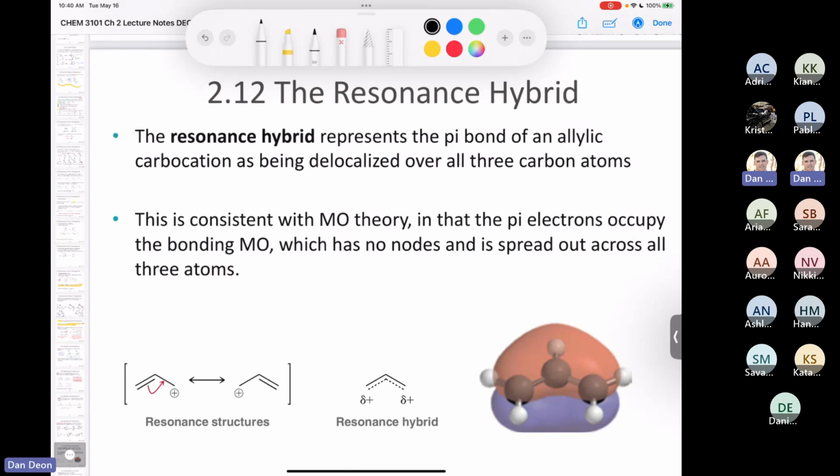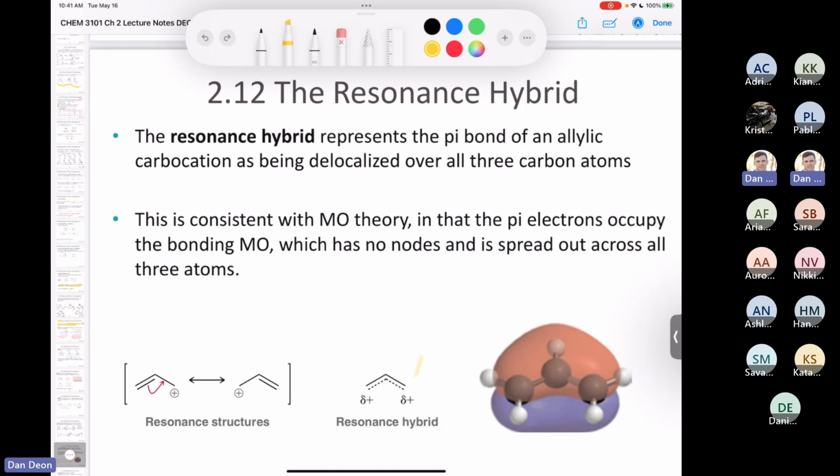I just want to touch on the idea of the resonance hybrid a little bit more, because what you've got to remember is that when you look at two resonance structures, it's not vibrating back and forth between the two of these. In reality, with an allylic carbocation, the electrons are completely delocalized across all three carbon atoms, but we don't like to draw the resonance hybrid like this a whole lot, and there are good reasons for that, which we'll get into more as the class progresses.